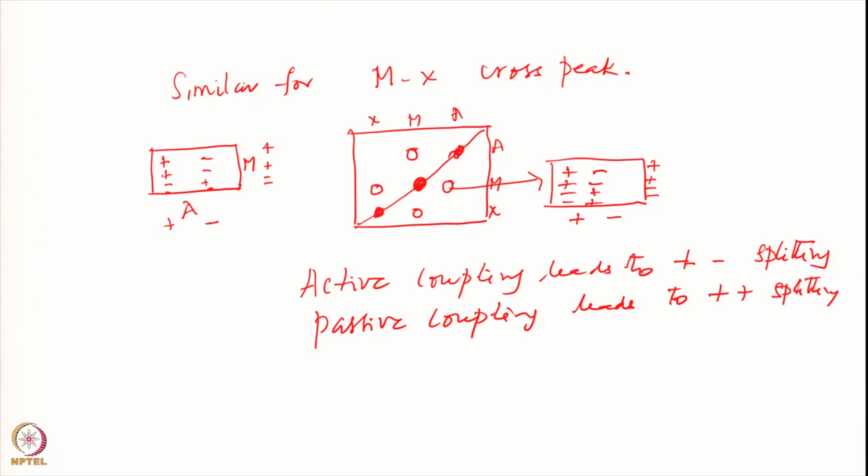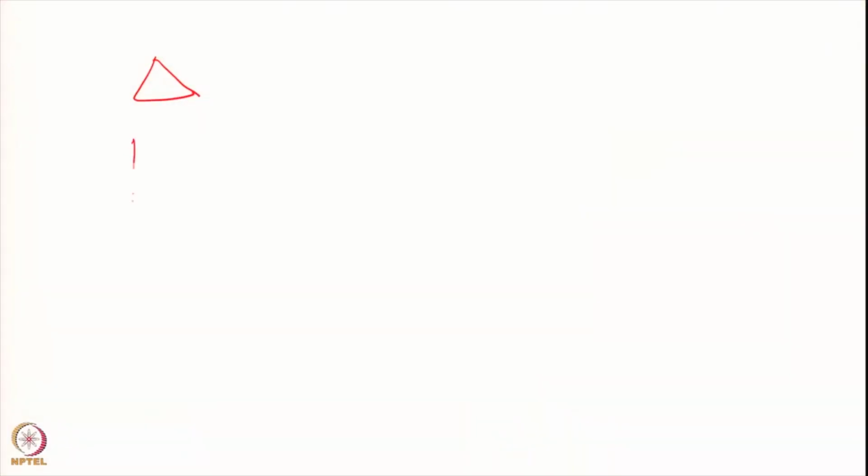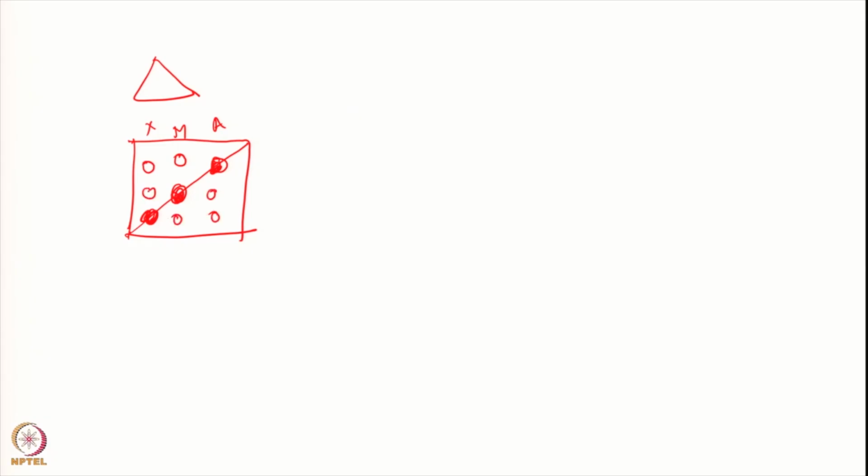So this is so far as the linear spin system is concerned. Now, if I want to take a triangular spin system, this sort of a thing, now I will have here this is the diagonal, this is A M X. I will have a cross peak here, a cross peak there, cross peak here, cross peak there, a cross peak here, cross peak there.